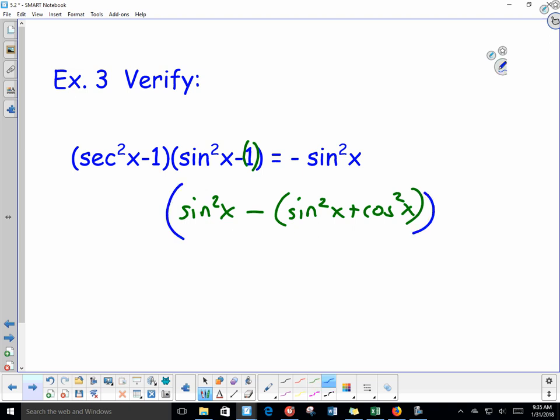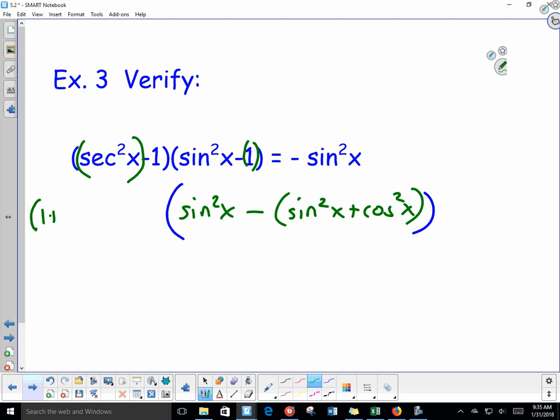And then with secant squared x minus 1, don't we have an identity that 1 plus tangent squared is equal to secant squared? So I can really rewrite that. Since we know secant squared is equal to 1 plus tangent squared, let's take out the secant squared and replace it with that.